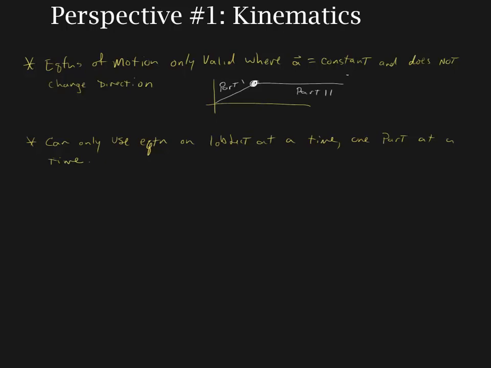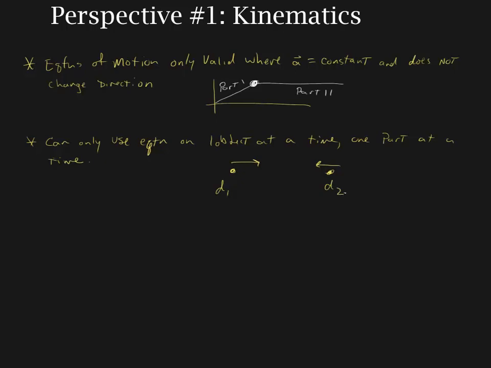The other thing is you can only use the equation of motion on one object at a time. And in the difficult example that I'm going to do for you, we're going to see that we have two objects where one object is accelerating to the right and the other object is accelerating to the left. I can use the position function for each one of these objects because each object has its own displacement, which is separate and distinct from the second object.